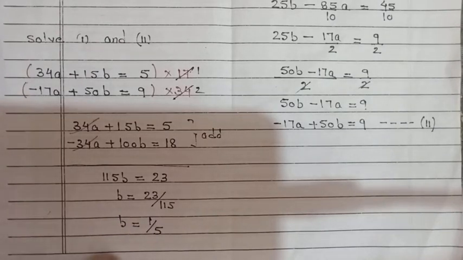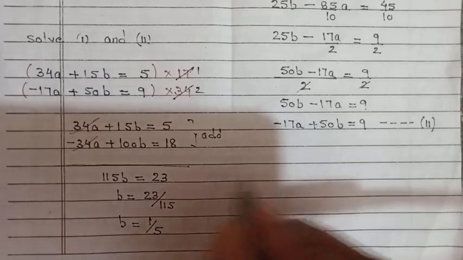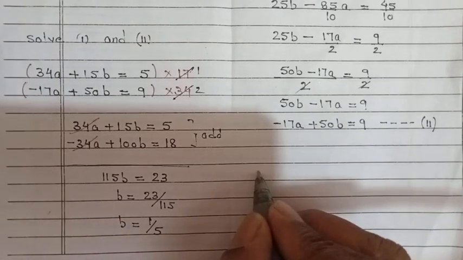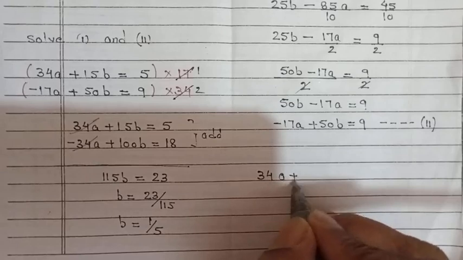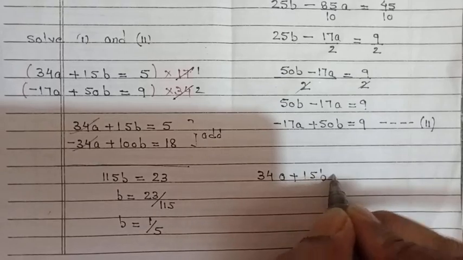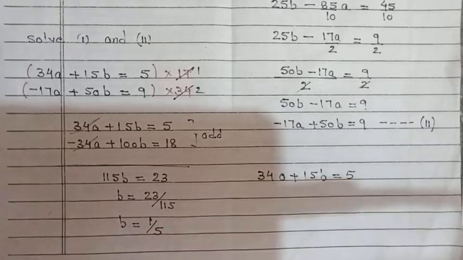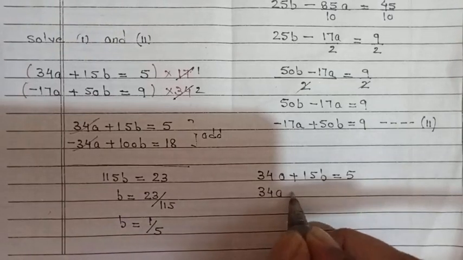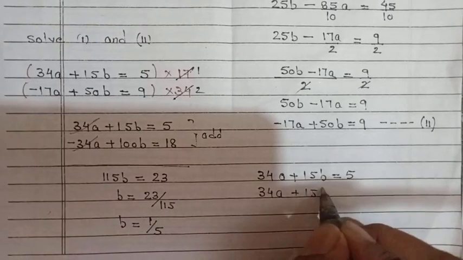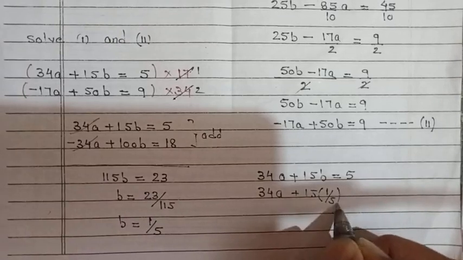Now substituting this value of b in any one of the equations, either 1 or 2, you can get the value of a. So let's substitute in 1. The first one was 34a plus 15b is equal to 5. In this we are substituting the value for b, and b is 1 upon 5.